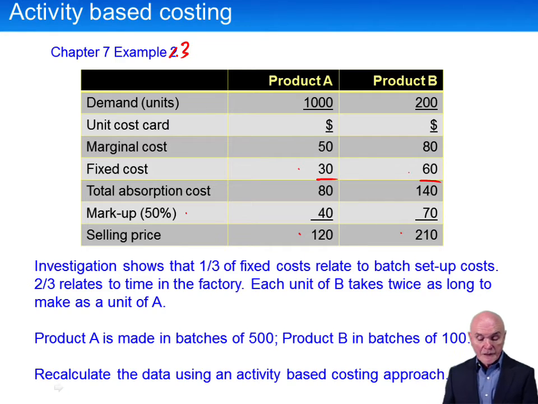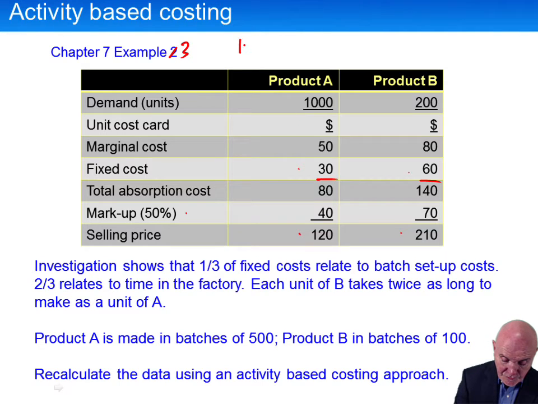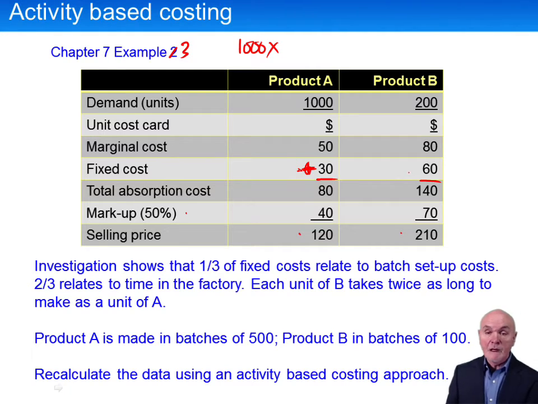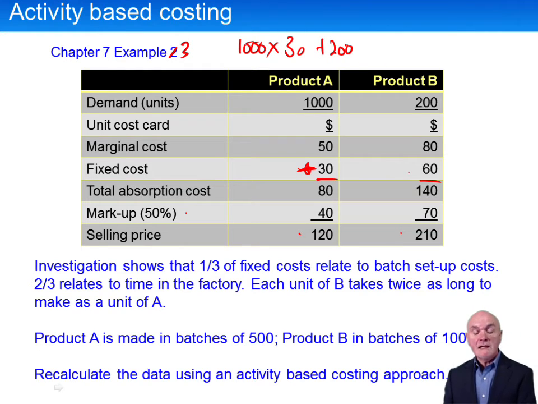Well, if they're absorbing it correctly, it is saying that we are producing 1,000 units of A, and each is absorbing or accounting for $30. We're producing 200 units of product B, and each of those is absorbing or accounting for 60.